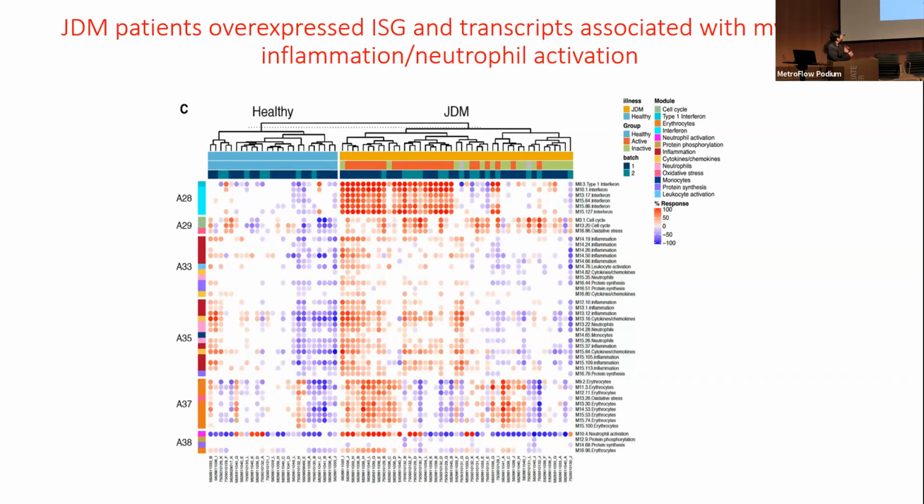You can clearly see in orange the active JDM patients, and it's much upregulated in the active JDM patients compared to the inactive patients. There are other inflammation-related pathways that are again upregulated in the active JDM patients here, and there are erythrocyte-related modules which are again distinctly more in the active JDM patients.